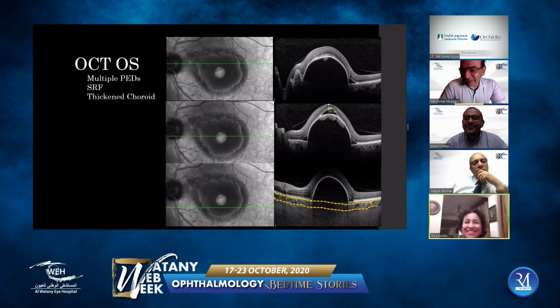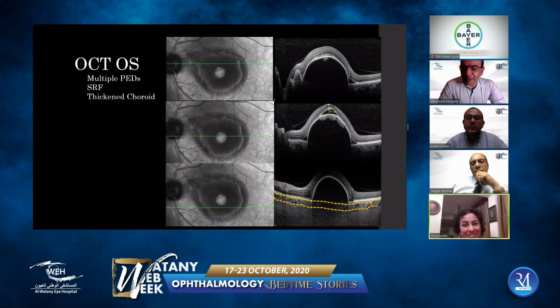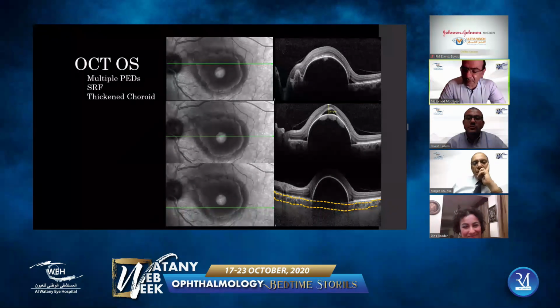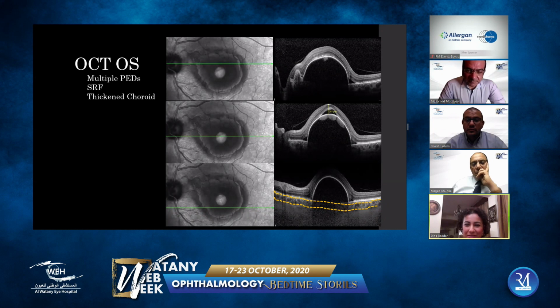I don't know, you didn't show the OCTA of this patient, right? But it's obviously a PCV. There is subretinal fluid and this huge PED. I guess I will start by injection, of course. We have nothing more to do than this. Yes, that's the only available option on the Egyptian market, agreed. But let me go to Dr. Mikhail.